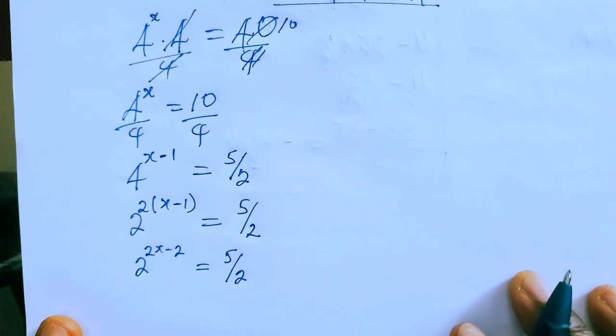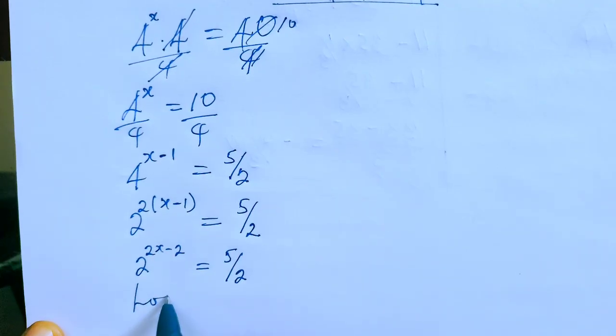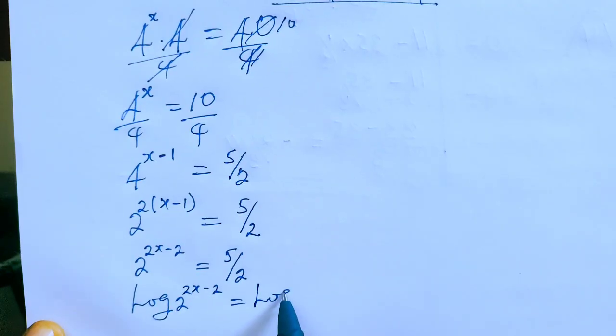And at this point, we're going to take the log of both sides of the equation, and we are going to have log of 2 to the power of 2x minus 2 equals log of 5 all over 2.